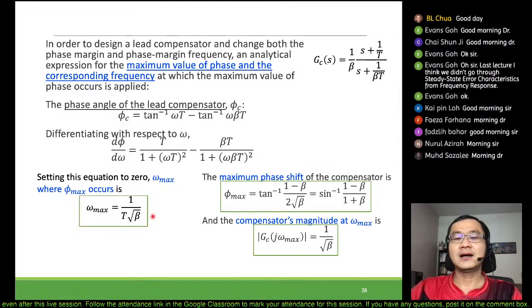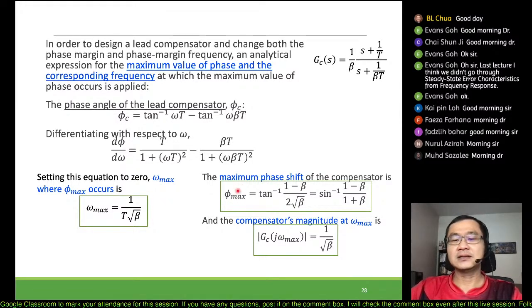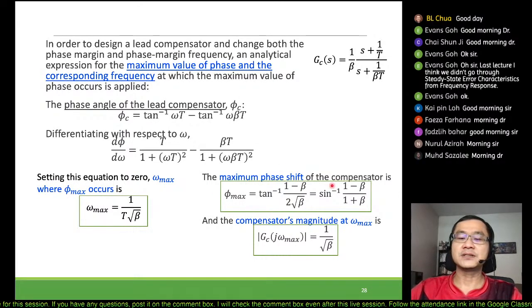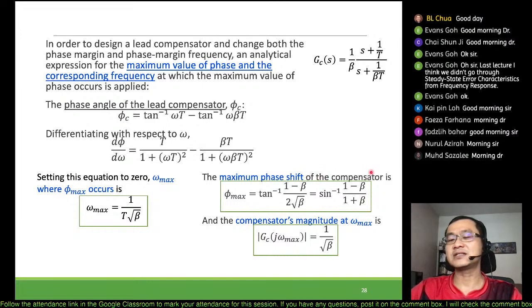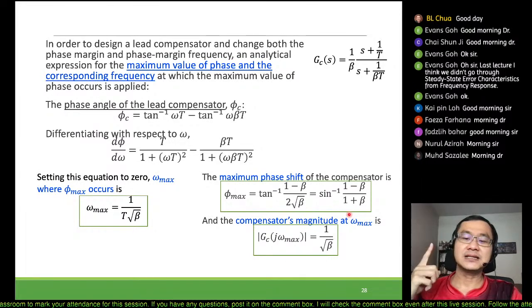So this would be useful later on. And then the maximum phase shift of the compensator would be given by this, arc sine of (1 minus beta) divided by (1 plus beta). This is again very similar to the previous lag compensator, the alpha.